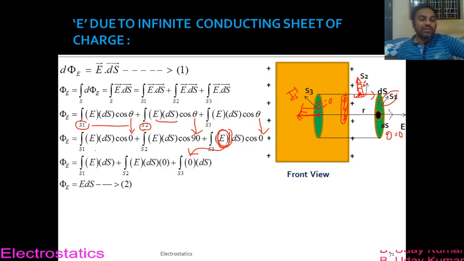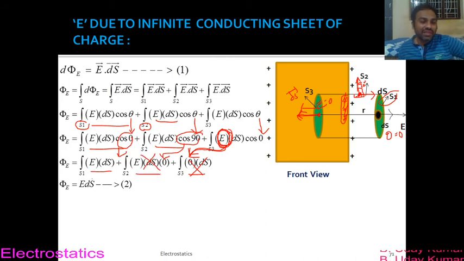Anyway, now coming to this one, since cos 0 is 1, I can write this equation as it is, E times ds, and here cos 90 is 0, and hence that 0 is substituted here. In this case cos 0 is 1, but unfortunately this is the point P which lies inside the conductor, and hence you know that inside the conductor the electric field intensity is 0. So from these three terms, this one vanishes because it becomes 0, and this one also vanishes because it also becomes 0.